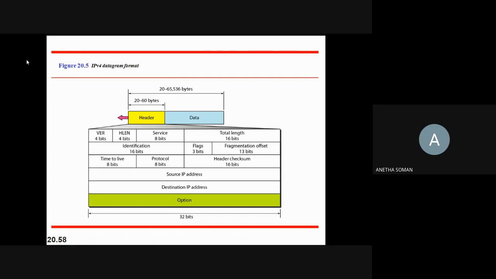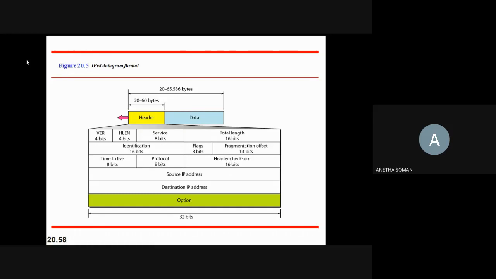Now, the header is 20 to 60 bytes in length. What does it contain? It contains the information that is essential for routing and delivery. If you want to deliver the packet, or identify which route to take, all those details will be present in the header field.